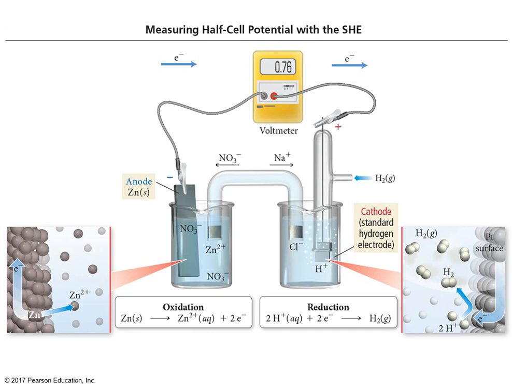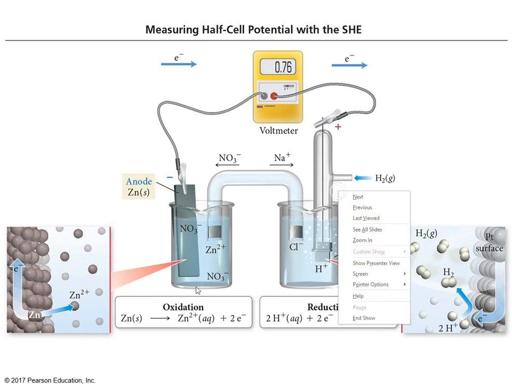Now, how do you use that? For example, you want to measure the cell potential for zinc, but we say you cannot measure the potential of zinc without another electrode. So you connect zinc to that electrode, and then you have a reading.